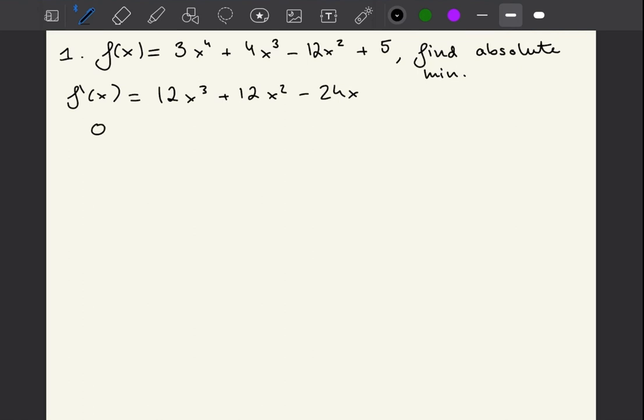All right, and now we have to set this equal to 0, and let's find a common factor. Well, the common factor here is obviously 12, so we can factorize a 12x out of here, and we can get 12x times.